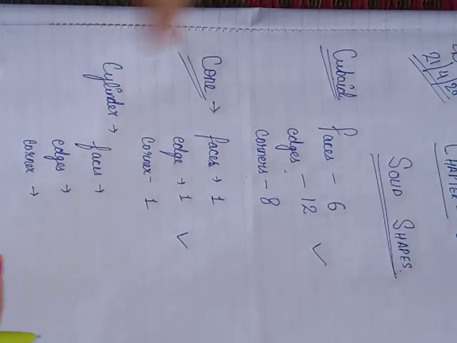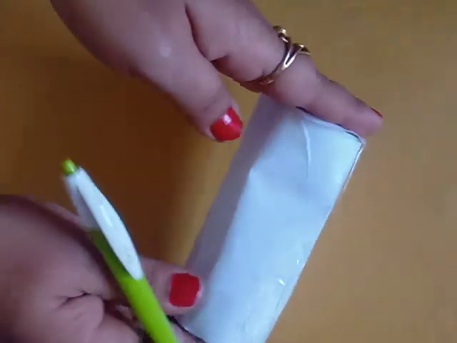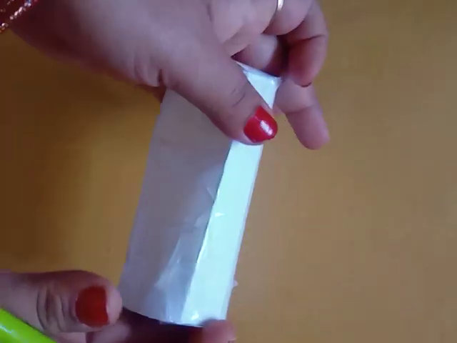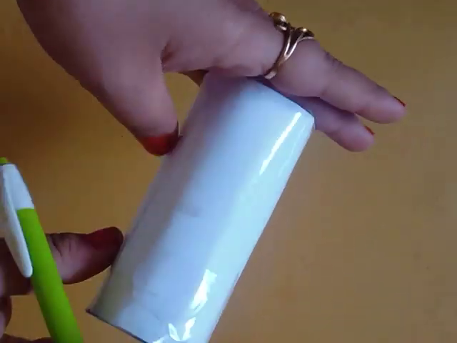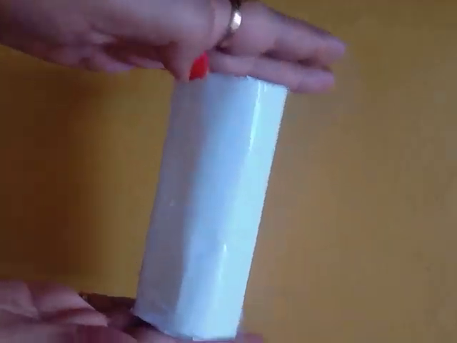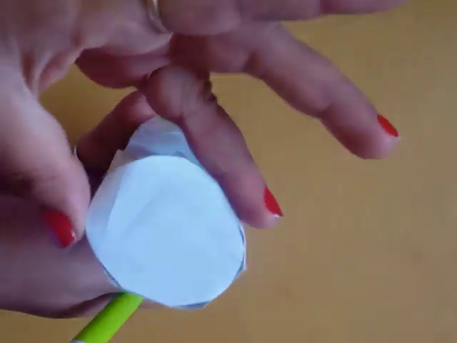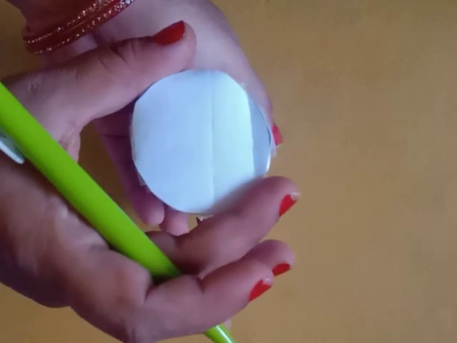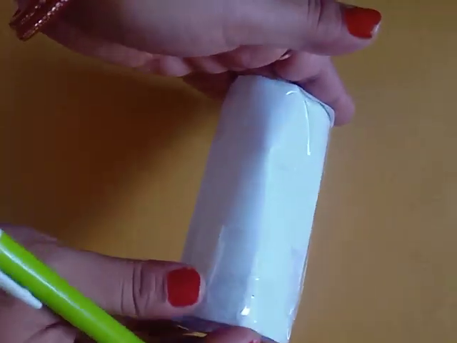Okay, see, this is a shape made at home. So here we have a shape we call cylindrical.